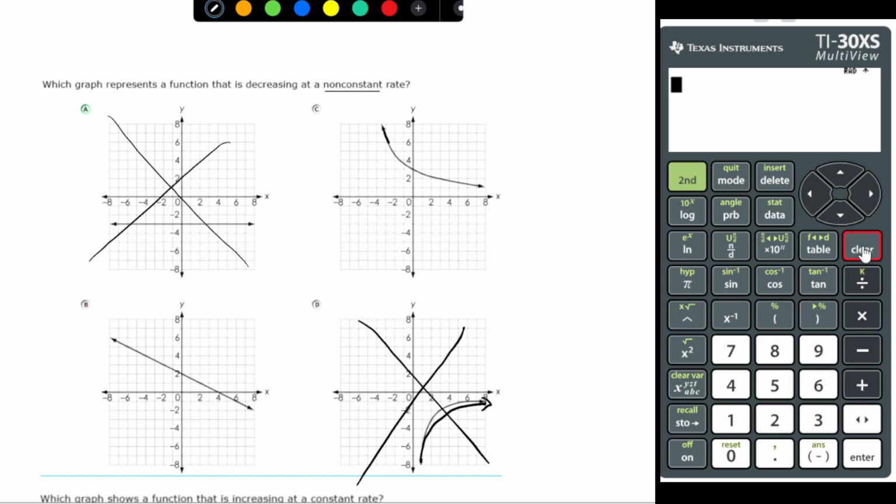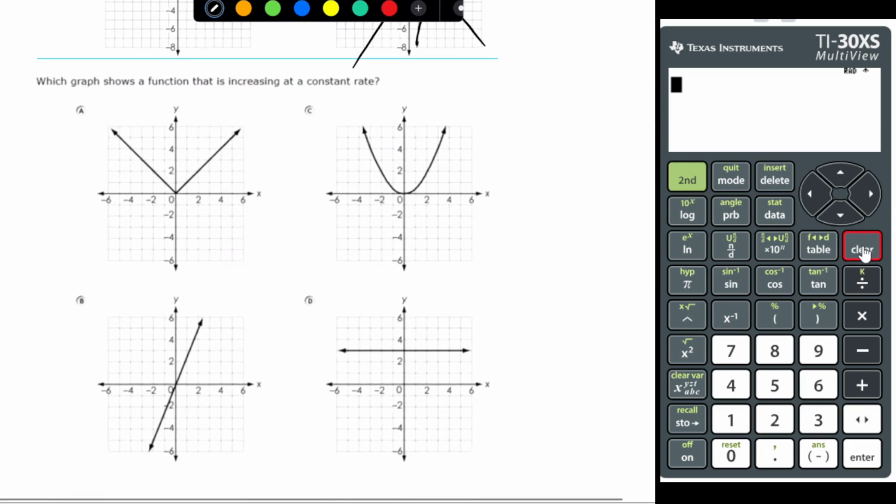Here, in C, your slope is constantly changing. It's changing at pretty much every new point. You have a different slope. So there's nothing constant about it. So it would be C. When it asks you to look for a function that's decreasing at a non-constant rate, you're looking for a non-straight line.